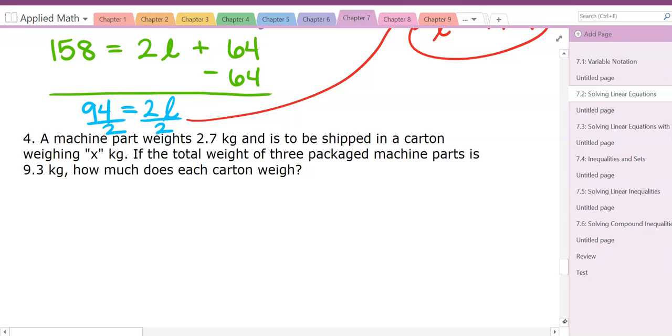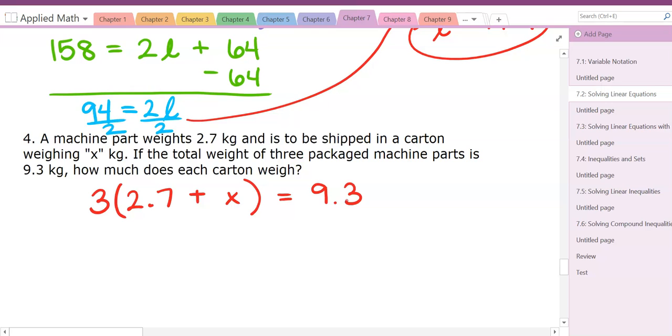And we're doing this 3 times because we're doing 3 of these parts that they're shipping out in 3 separate boxes. So I'm going to take 3 for the 3 packages times the weight of the part, which is 2.7, plus the weight of the carton, which they said is X. And this gives me a total of 9.3.